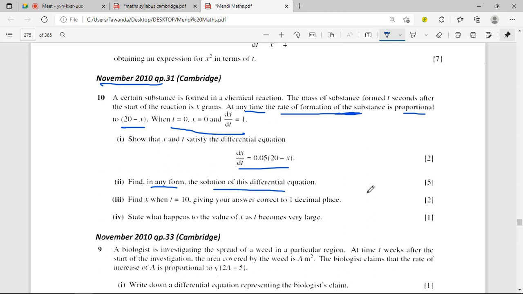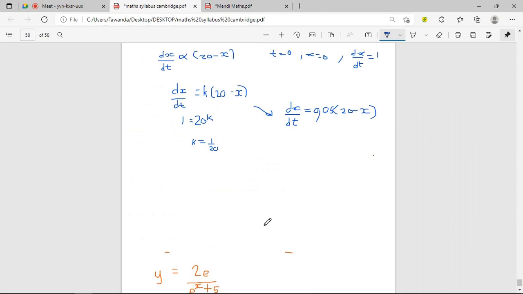So we follow those stages: separate your variables, then integrate both sides, introduce a constant of integration to one side, and so forth. But the main issue was to formulate a differential equation, right? So let's try to solve. Let's separate the variables. What are you going to do here?